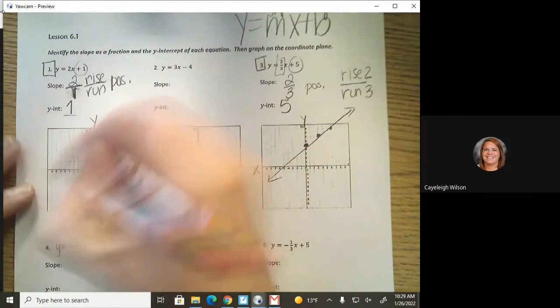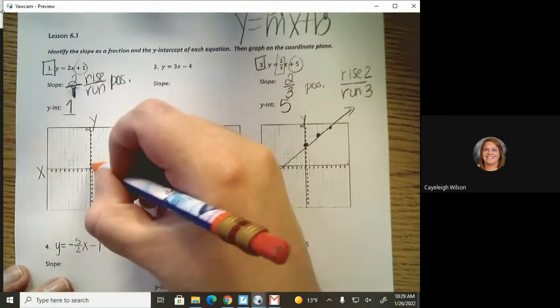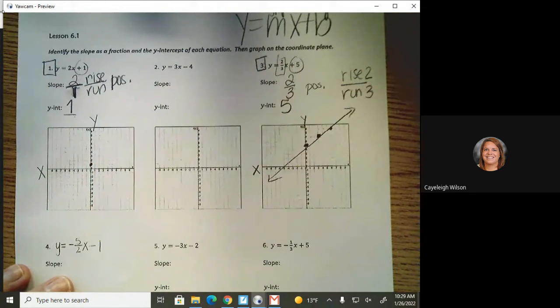Okay, so on my y-intercept, it's +1. So I'm going to go up to +1 and put my dot. And then my slope is +2 over +1.